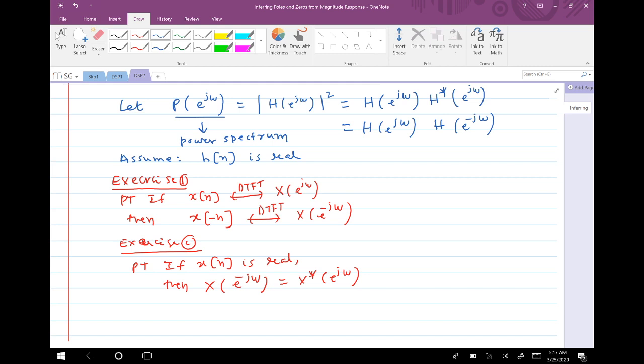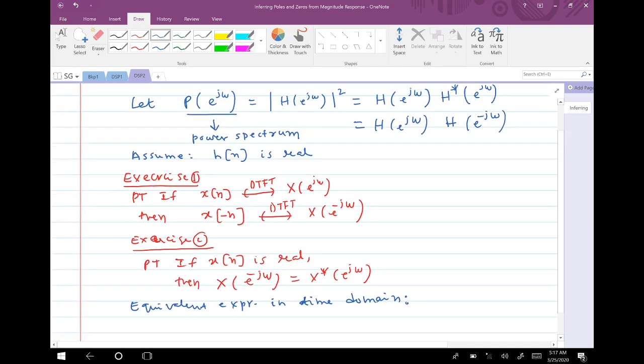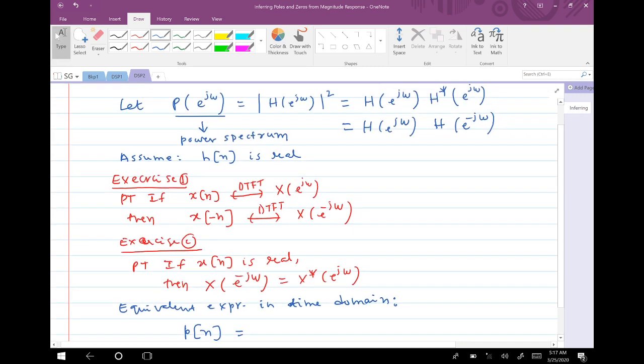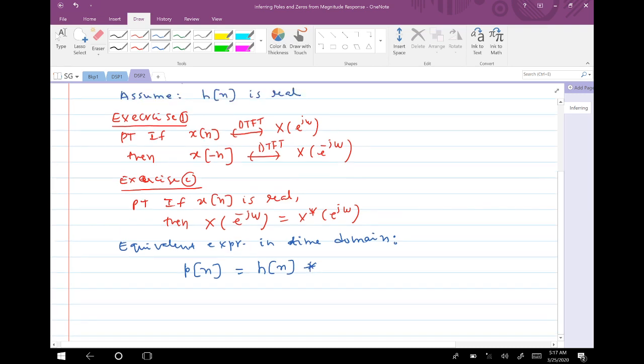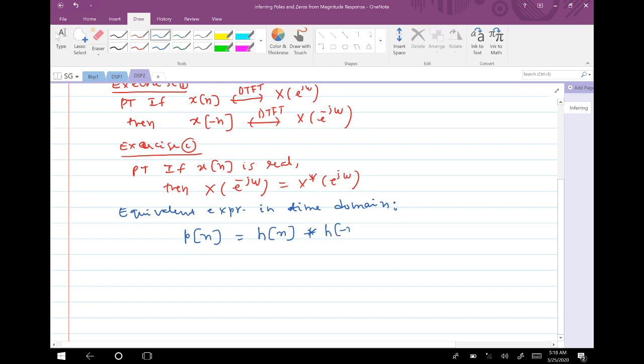So first we will write the equivalent expression in the time domain. You could see here then p of n, represented with small p, is equivalent to: multiplication in the frequency domain is equivalent to convolution, so for H of e power j omega, this is h of n convolved with H of e power minus j omega, which by the first exercise result is h of minus n.